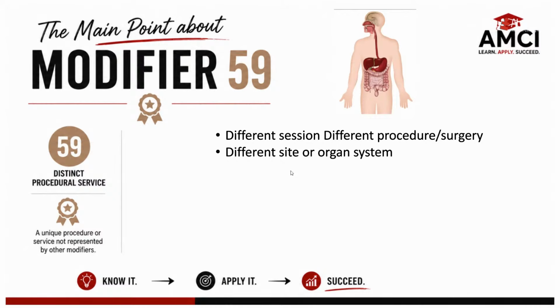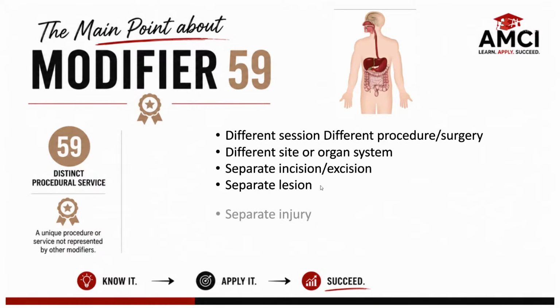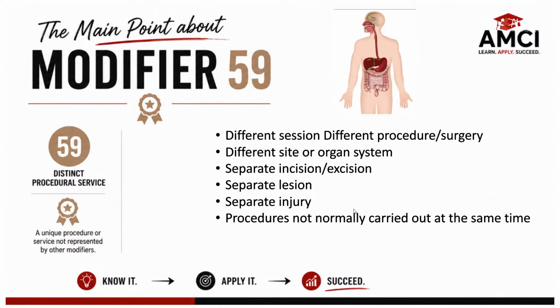A different site or organ system, a separate incision or excision, a separate lesion, a separate injury, and finally, procedures not normally carried out at the same time. So if it's not normally carried out at the same time, it's different, and you use modifier 59.